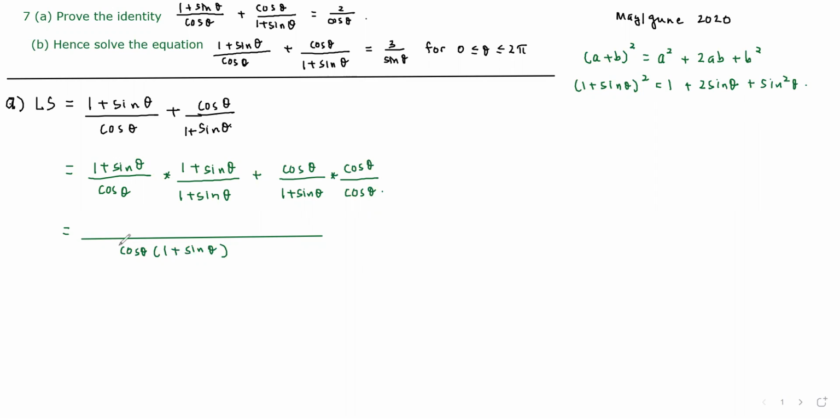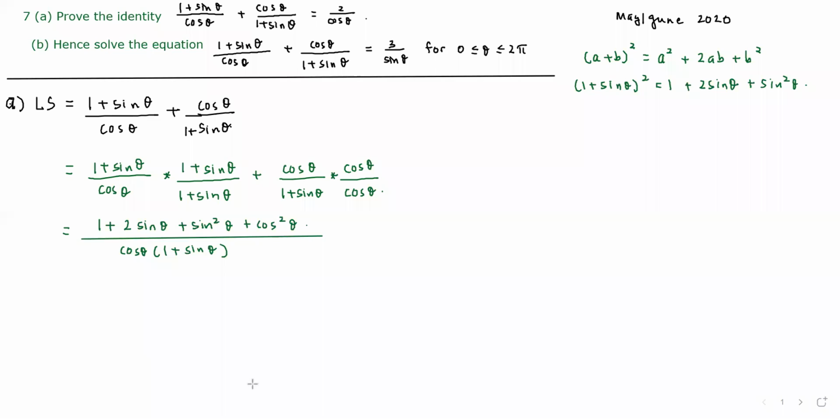So for this first part here, you can write it in the form of 1 plus 2 sine theta plus sine squared theta. The product of cosine theta and itself is cosine squared theta.